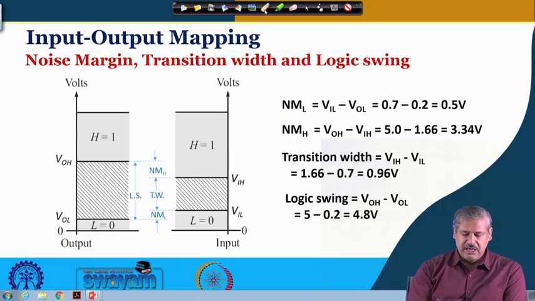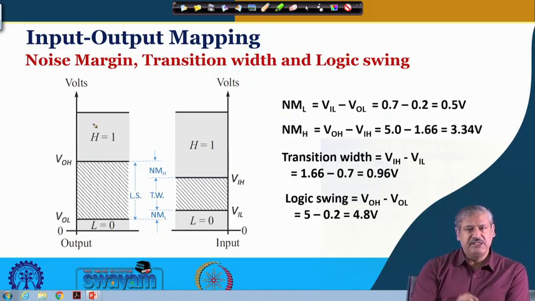So, this is the output side. VOL we have already seen, the voltage at the output which is treated as low; any voltage less than that will be treated as low. In that example 0.2 volt, any voltage less than that is treated as logic low. This is the shaded region over here. VOH is the voltage at the output side, the minimum voltage which is treated as logic high.